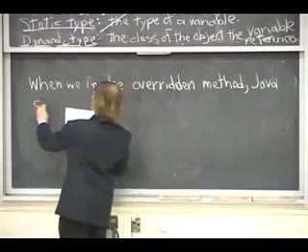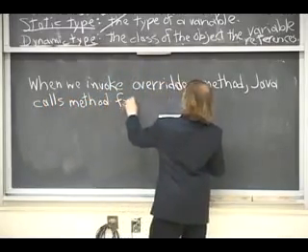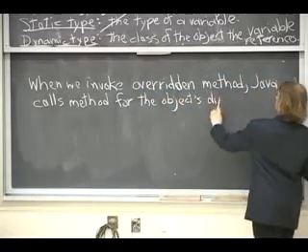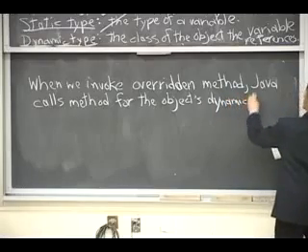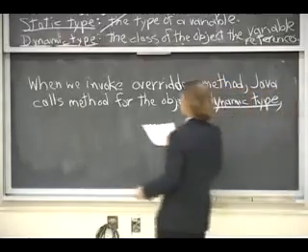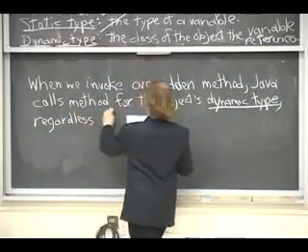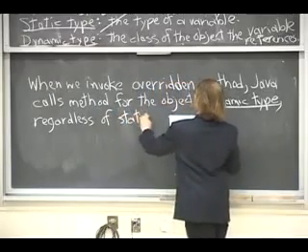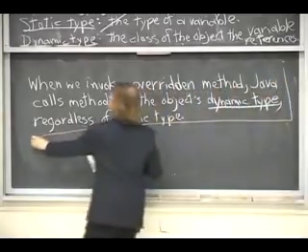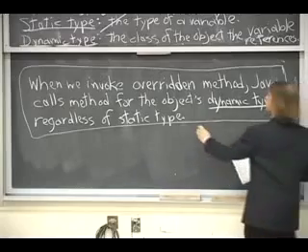Java calls the method for the object's dynamic type, regardless of the static type. And that principle is what the word dynamic method lookup means.